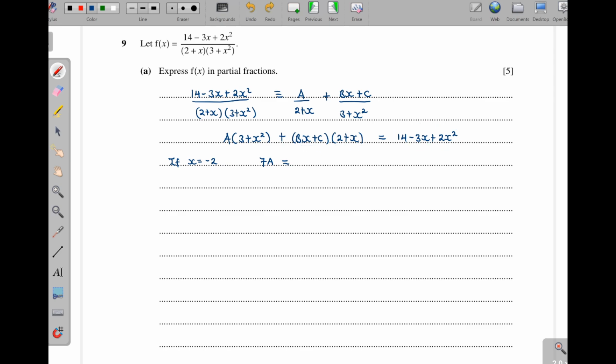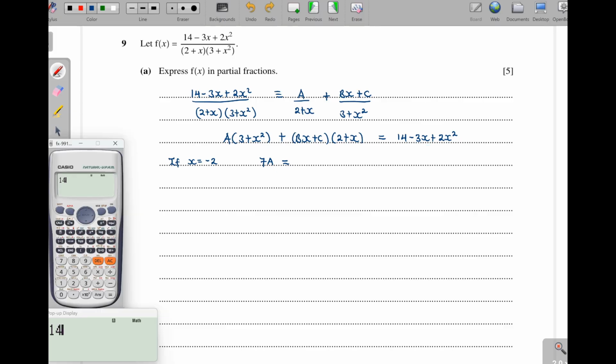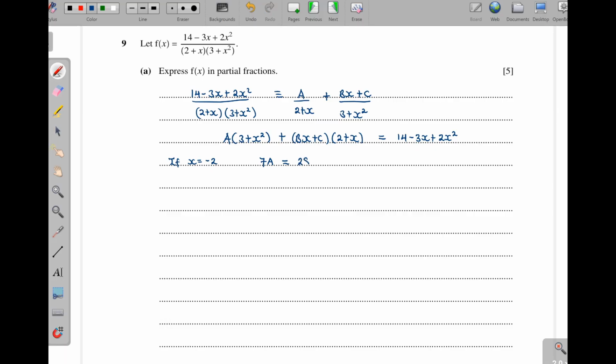And then we shall equate. We come to this one here. What do we get? 14 minus 3 times negative 2, then plus 2 times negative 2, then squared. We are getting 28. So you get 28 here. This therefore implies that a is going to be equal to 4 when you divide all through by 7. Are we there? Then I can see bx here.